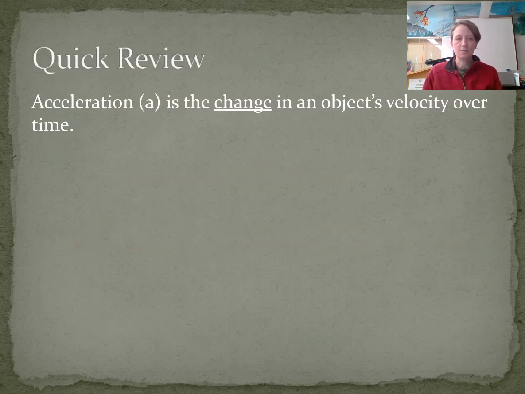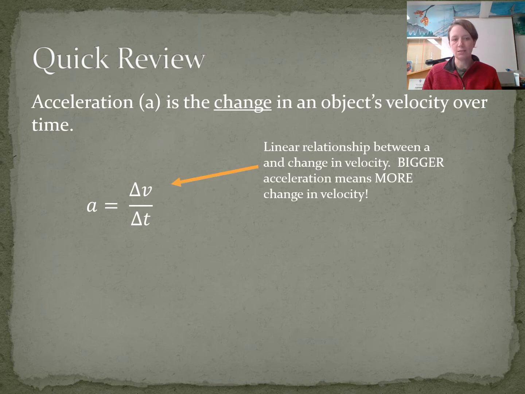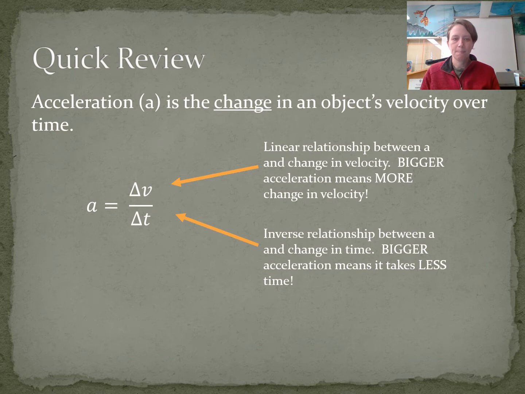First, a quick review. Acceleration, variable A, is the change of an object's velocity over time. And we had this equation from a previous video. A is equal to delta V over delta T. A reminder that because delta V is on the top of that equation, there is a linear relationship between A and delta V, which means that if you have a larger acceleration, you're going to be changing velocity more.